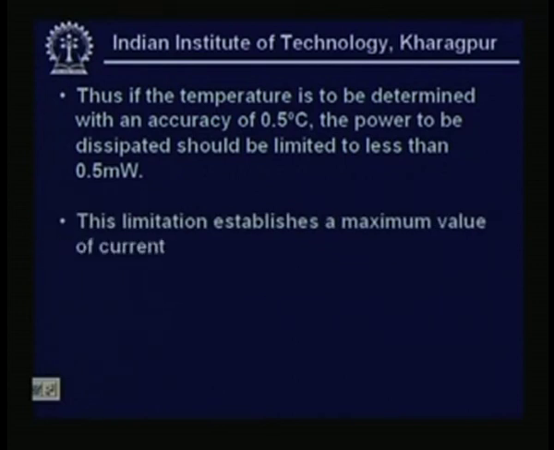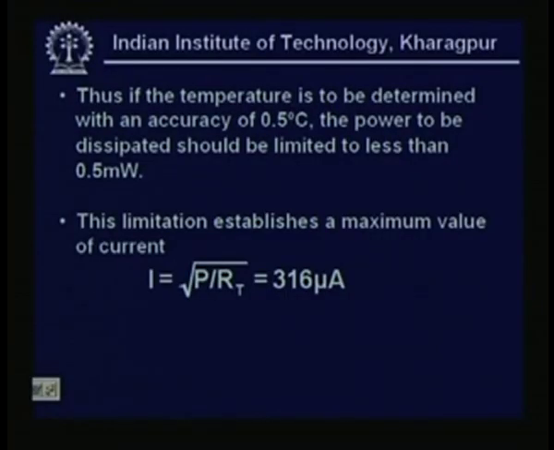This limitation establishes a maximum value of the current. What is that maximum value? We will show this. The maximum value of current which will pass through the thermistor is the square root of P by RT, equal to 316 microampere.